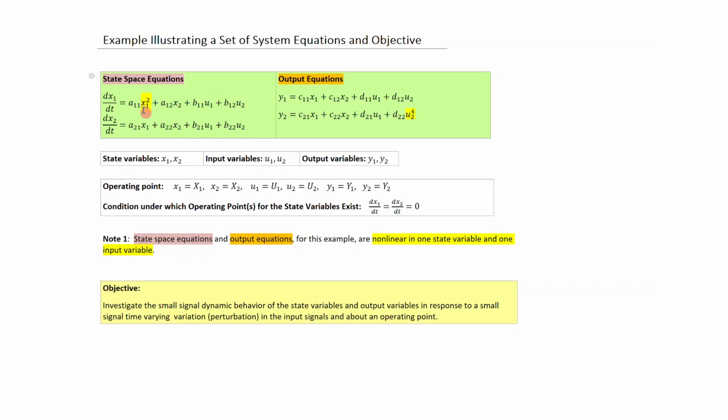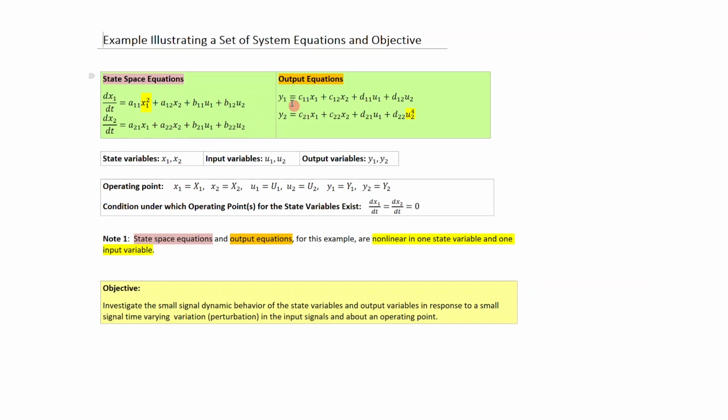The fact that this term is not linear in the state variable means that this differential equation is a nonlinear differential equation, whereas this is linear in all variables, state variables and input variables, so this is a linear differential equation. Typically, these 2 equations would have to be solved simultaneously, and for the most general of problems, there is no analytical solution and they would have to be solved numerically.